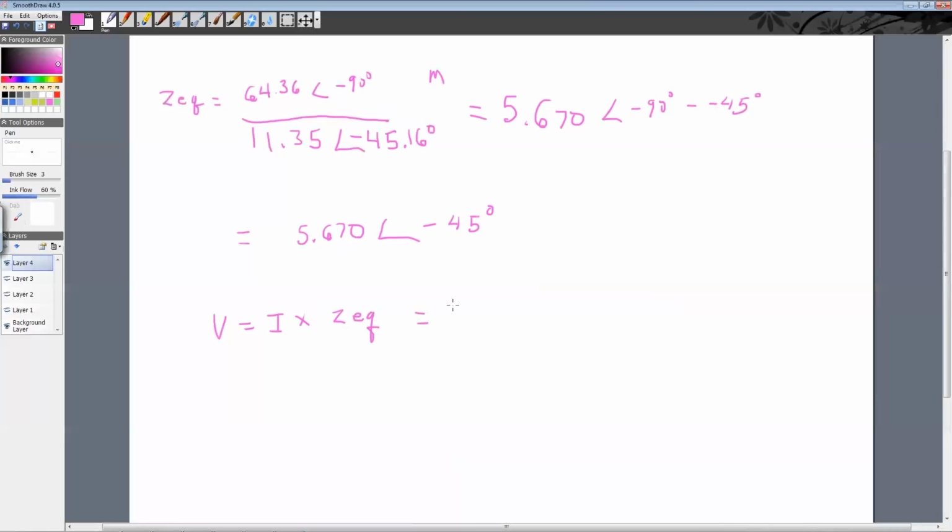The I was 3 divided by the square root of 2 times 5.670. Which is very close to 12, right?